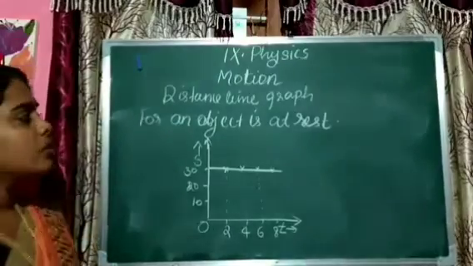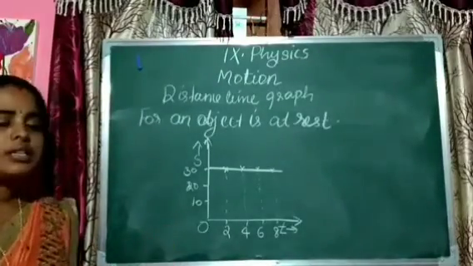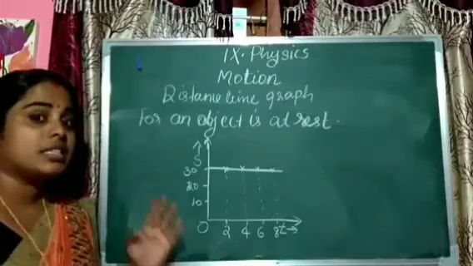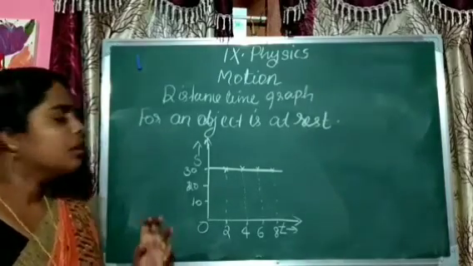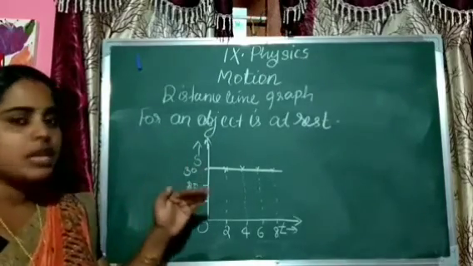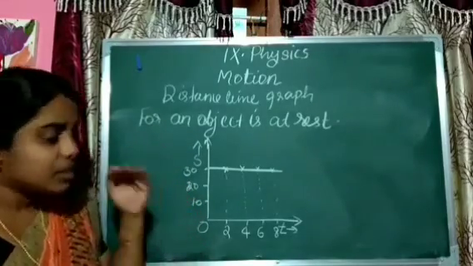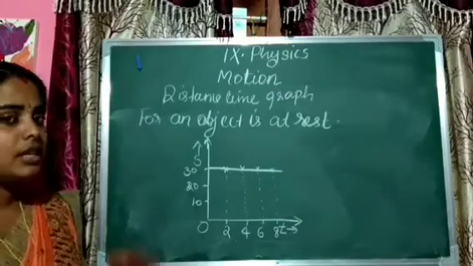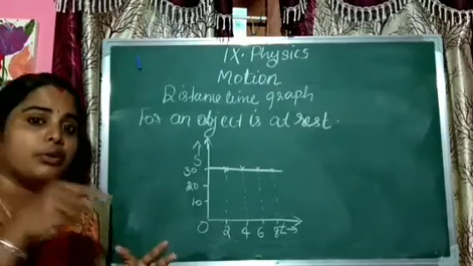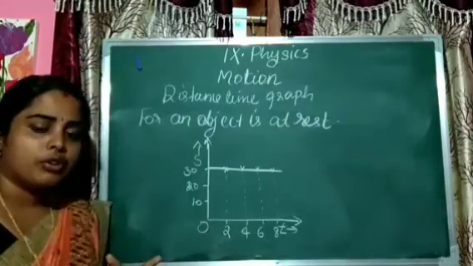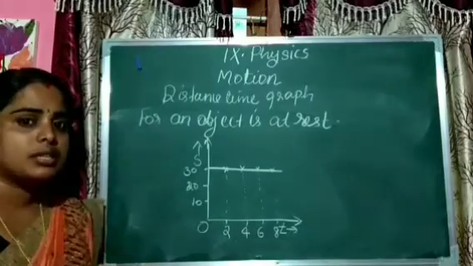Okay. So, now we discussed what is distance time graph and what are the types of distance time graph. The main types of graph we discussed are the distance time graph for uniform motion, non-uniform motion, and object at rest.